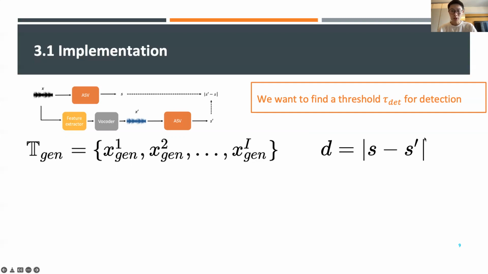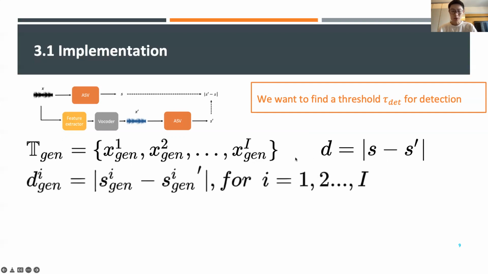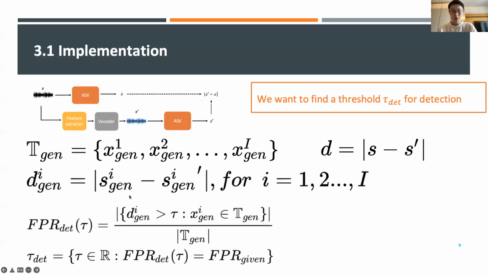Here we denote this number as D. Then we get the D for each genuine sample. Then given a false positive rate for genuine samples, be it 1% or 5%, we can get a threshold tau as this equation. And then we get the threshold tau for detection use.